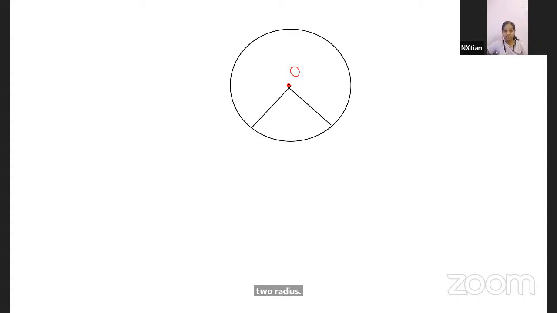Again, my two radii together are dividing my circular region into two parts.